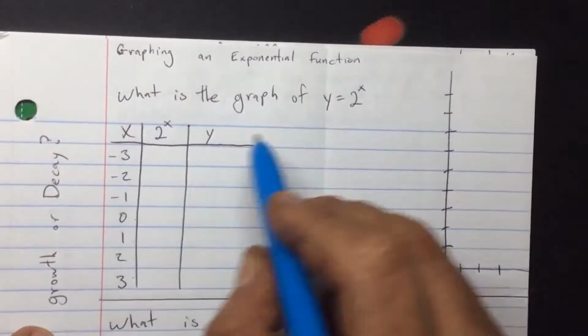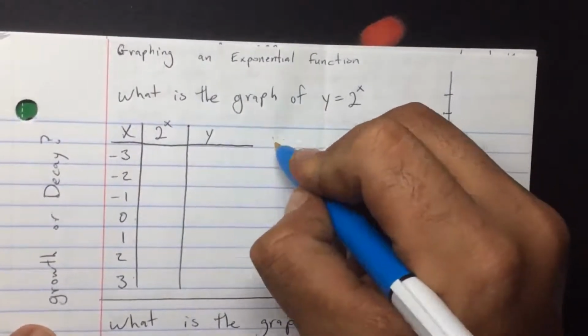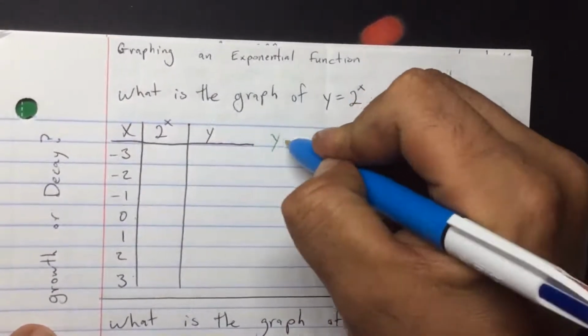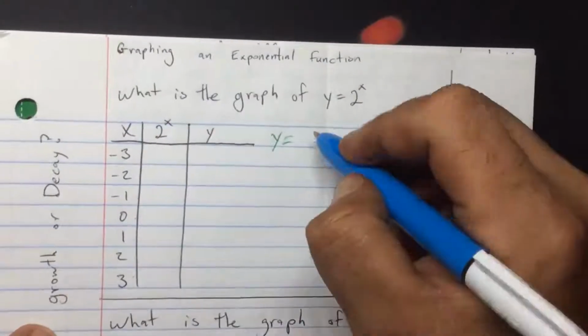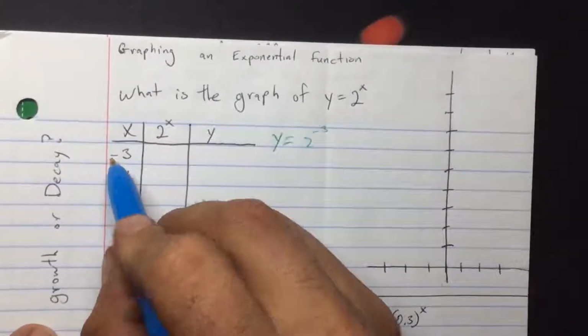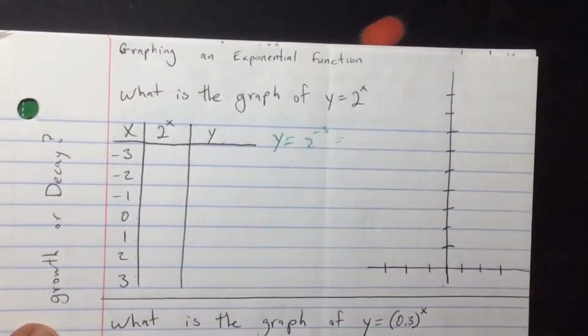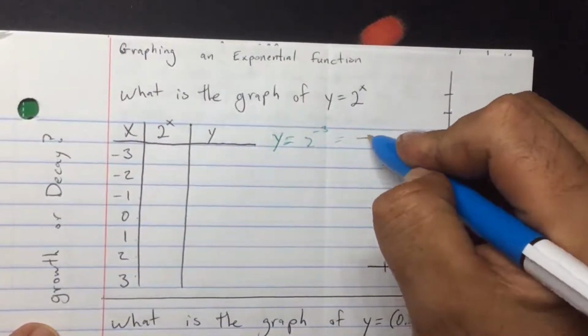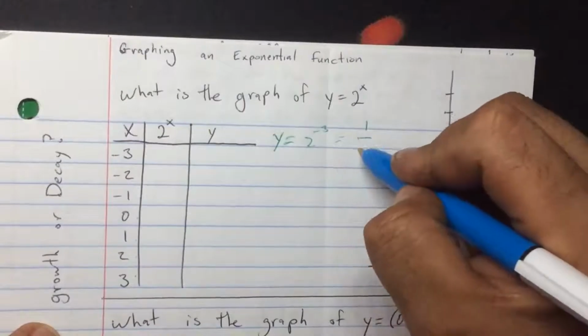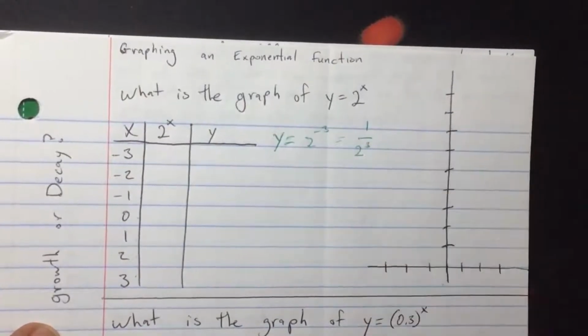All right, so the first one we have is y is equal to 2 to the negative 3. Well, every time you have a negative in the exponent, we take the reciprocal, and it just becomes 2 to the positive 3.